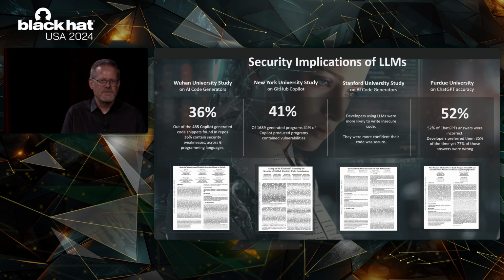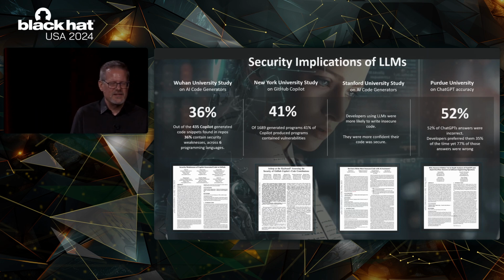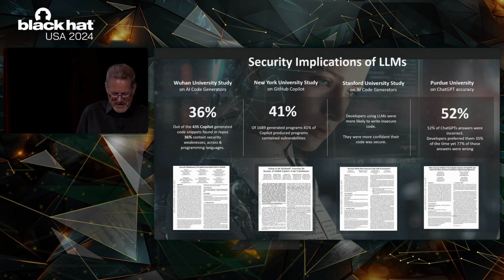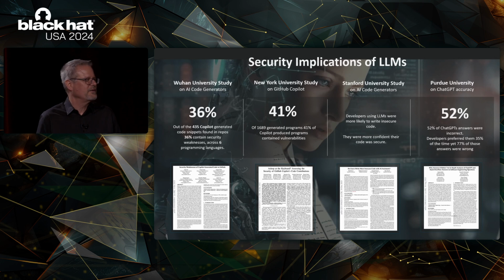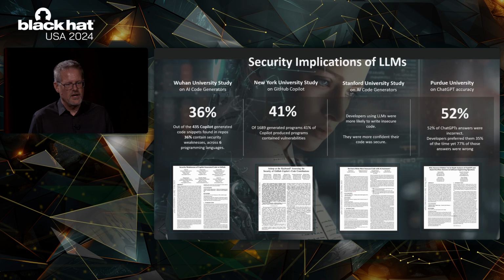So it was wrong 52% of the time, but the wrong answer was selected 77% of the time. So, you know, this is a problem, right? There's really a big overconfidence by developers in the output of these tools.